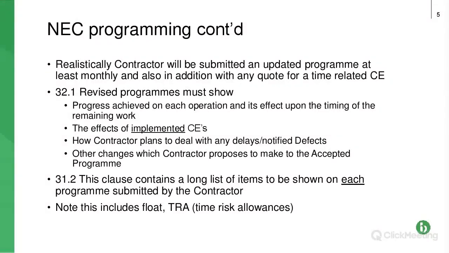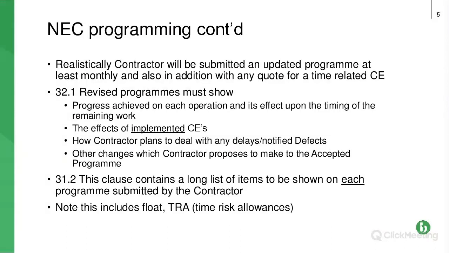So next bullet point, 32.1, states what your revised programmes have to show. So really important if you're the programmer for the contractor or subcontractor, or also, if you have anything to do with the programme's delay, if you're a commercial manager, commercial director, you need to be aware that your programmes need to show the following.